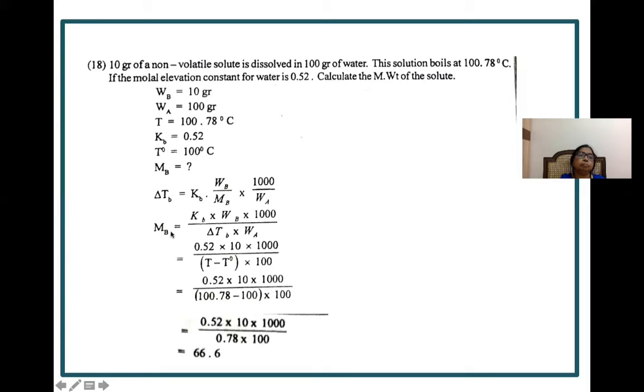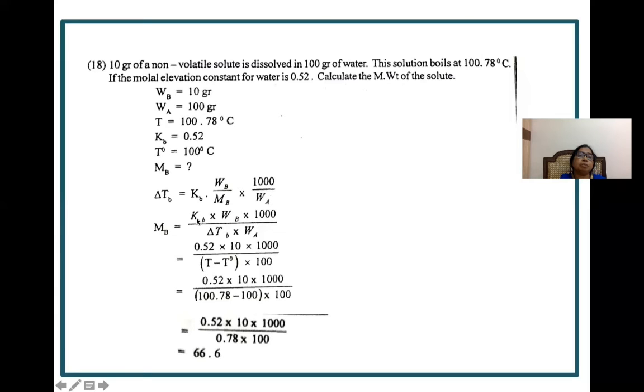So MB is equal to KB into WB into 1000 by delta TB into WA. We have to calculate the molecular weight, so we have taken the molecular weight to this side. Then substitute the values.